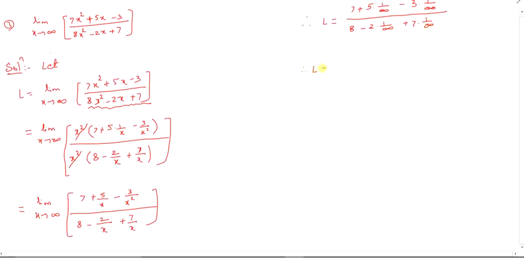Therefore L is equal to 7 plus, what about this 1 by infinity? 1 by infinity is nothing but 0, 0 upon 8 minus 0.